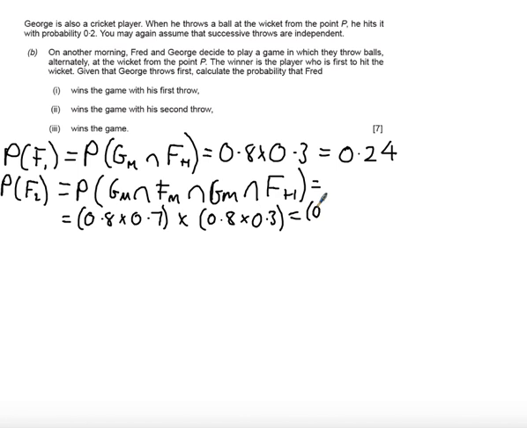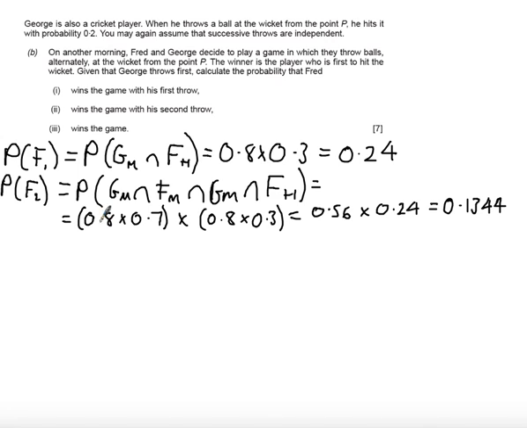So this is going to give us 0.56 times 0.24. I'm just going to get rid of this bracket here, because there's no real need for it. Okay, and so if I type that into my calculator and just work that out, we should get an answer of 0.1344.